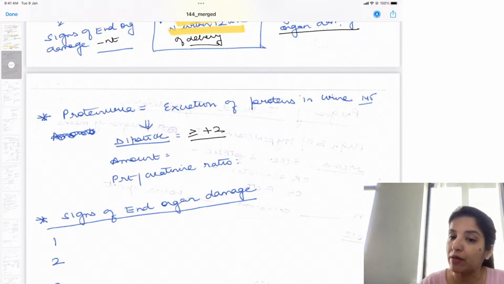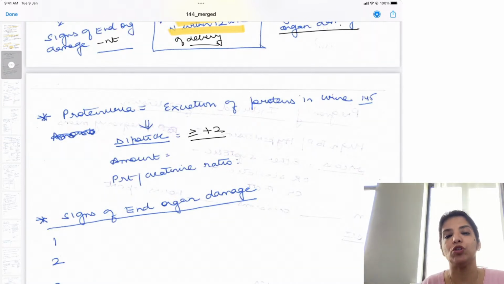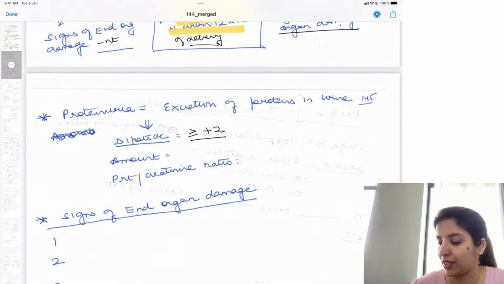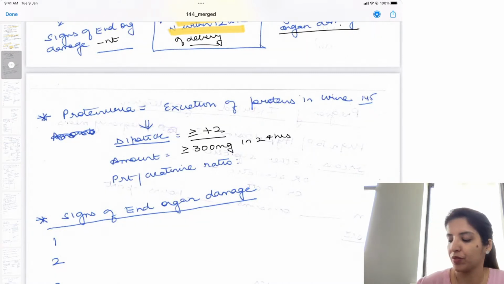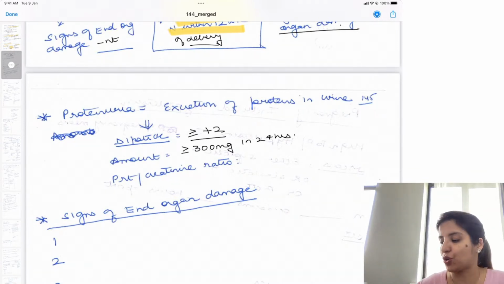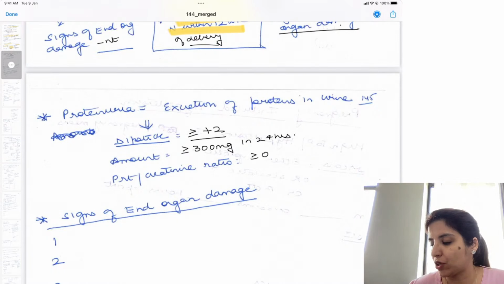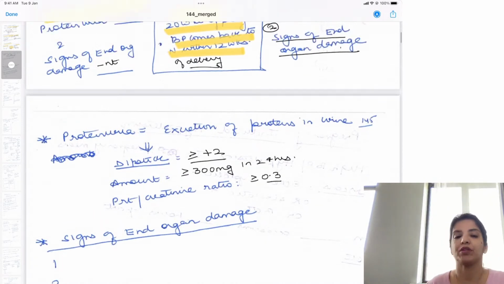So, on dipstick method, if proteinuria is more than equal to +2, or if the amount of protein excreted is more than equal to 300 milligrams in 24 hours, or if protein to creatinine ratio is more than equal to 0.3.